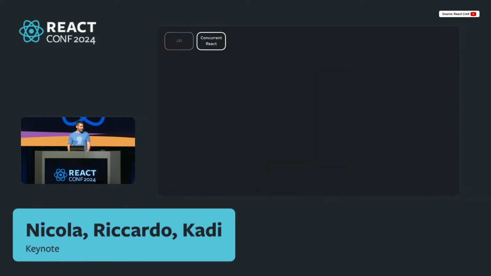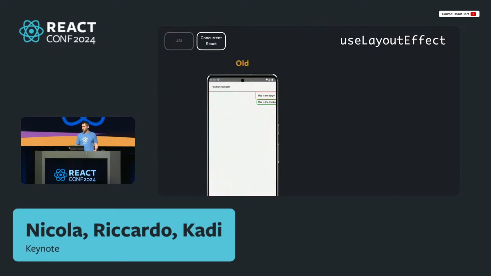The other feature that the new architecture enables is concurrent React APIs. At the end of the day, we were developing the new architecture to let you use those, right? So let's have a look at one of those examples. useLayoutEffect. In the old architecture, if, for example, you want to render a tooltip which is anchored to another view, the anchor in this case is the red box, we need at least two rendering passes.